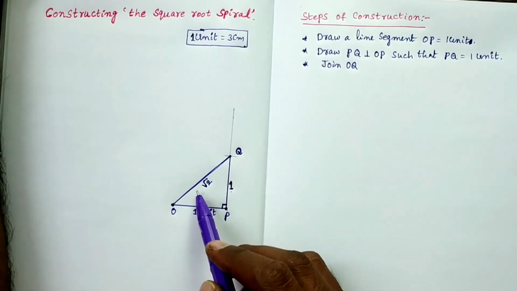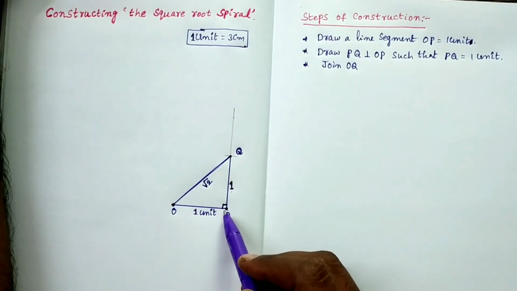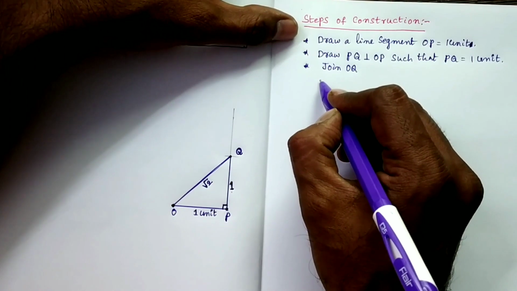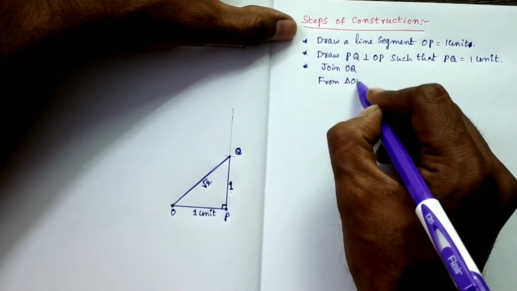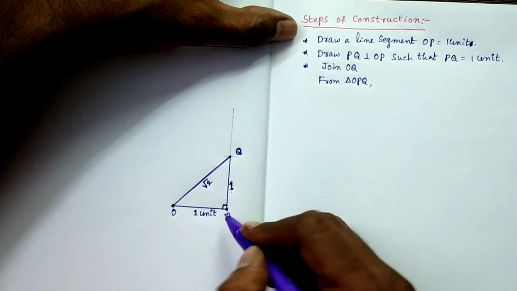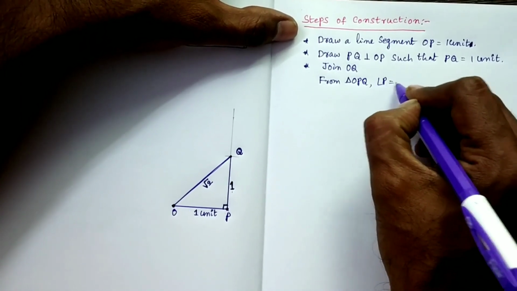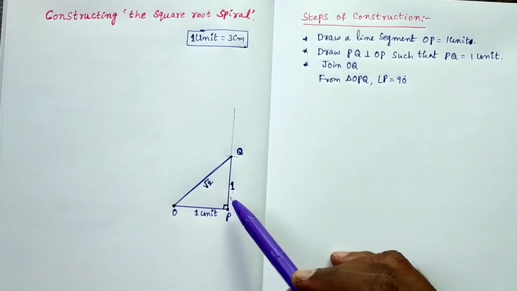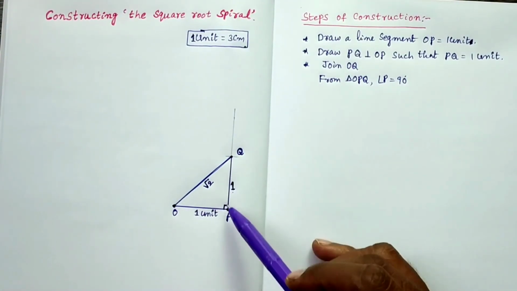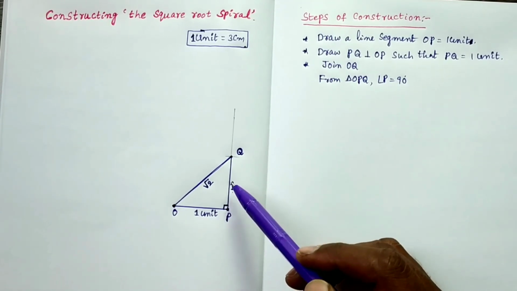Observe this triangle. This is a right angle triangle. So in triangle OPQ, angle P is 90 degrees. In a right angle triangle, the square of the hypotenuse is equal to the sum of the squares of the other two sides.